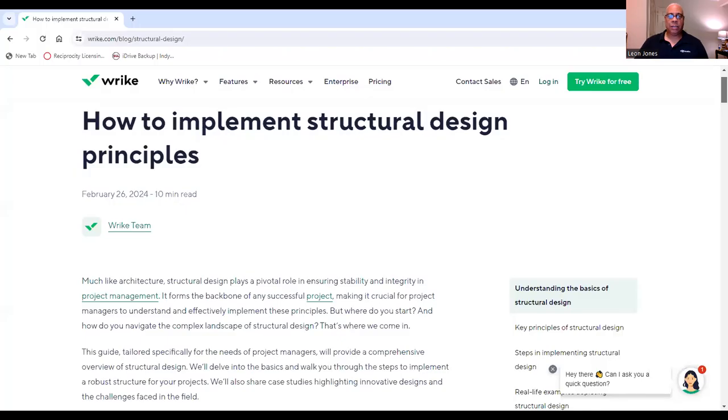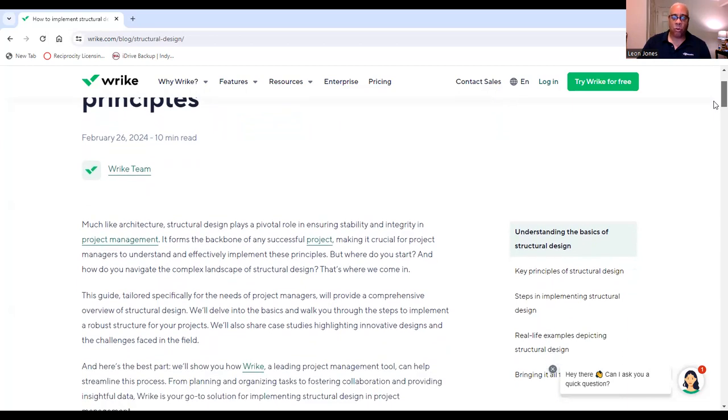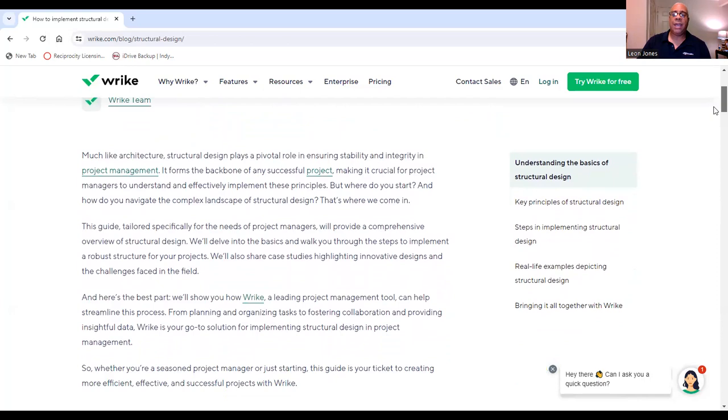All right. How to implement structural design principles. Again, much like architecture, let's start off like that because we're dealing with the building now. Much like architecture, structural design plays a pivotal role in ensuring stability and integrity in project management because it forms the backbone of any successful project, making it crucial for project managers to understand and effectively implement these principles.